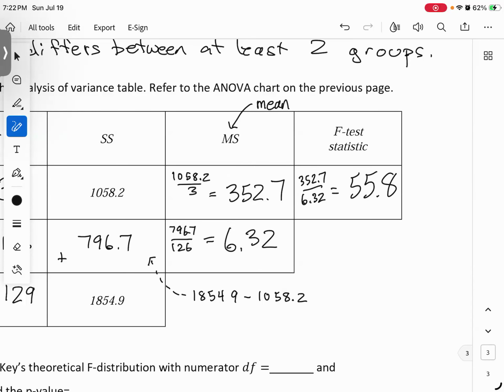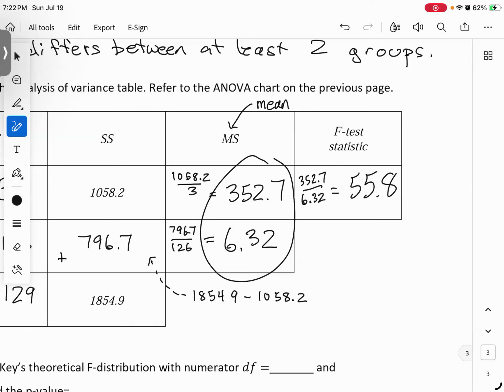Now, the reason we got such a huge F value is because of this. The 352 is a really high amount of variance between the groups, but the 6.32 is a low amount of variance within the groups. So this is one of the best combinations ever.